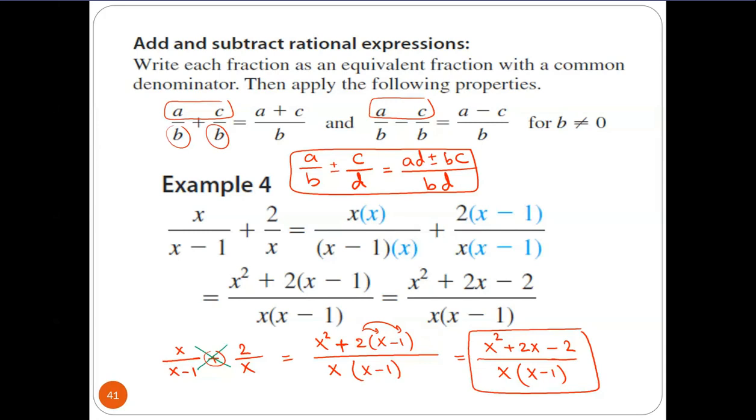Okay. So we can apply this one directly. No need to convert, the denominators are the same. At the same value, at the same expression.